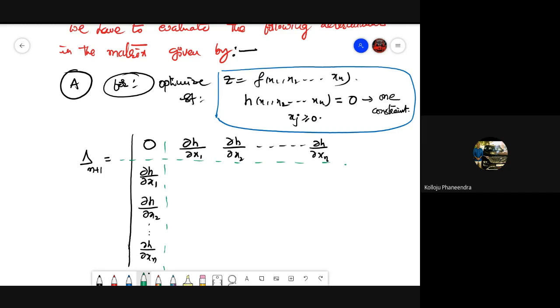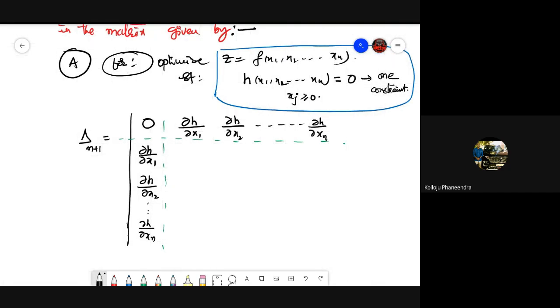Now you write the Hessian matrix of L. What is meant by Hessian matrix? Remember, always Hessian matrix means second order partial derivatives matrix. From this point onwards, you consider these positions as a new matrix.